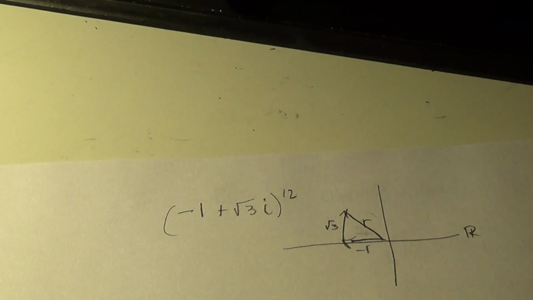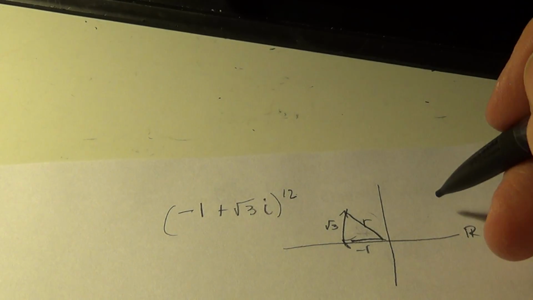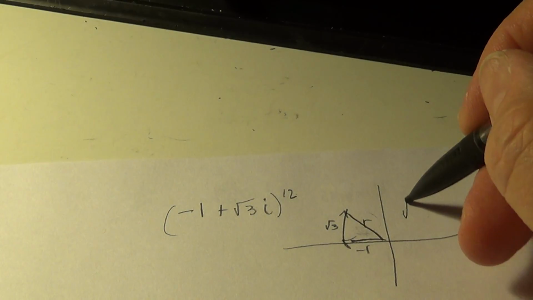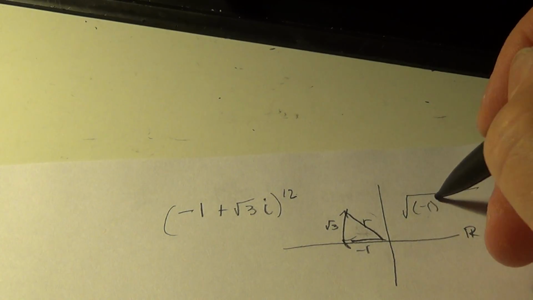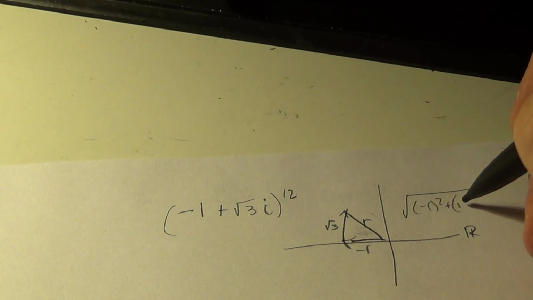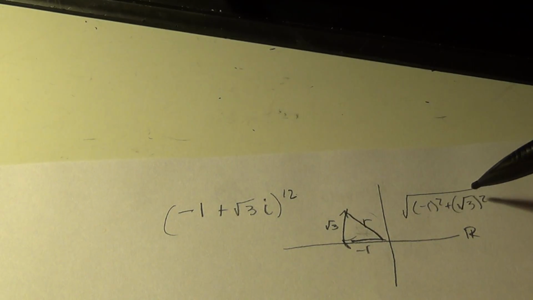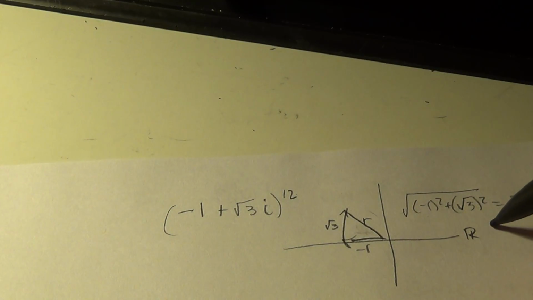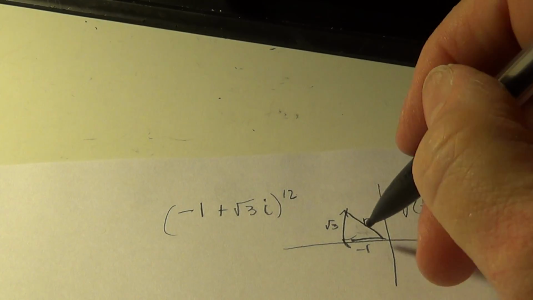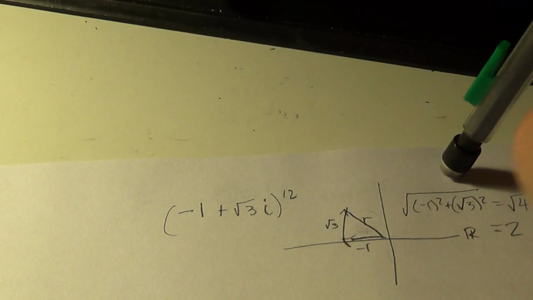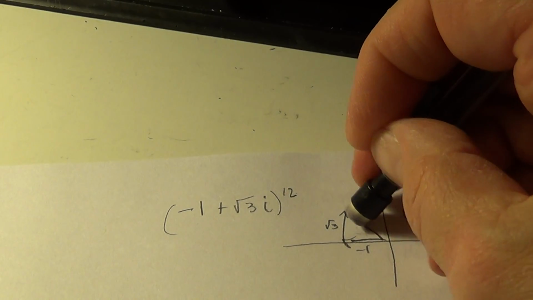We call it r, and we get it with Pythag. So we do -1 squared plus square root of 3 squared, which gives us 1 plus 3, or square root of 4, which gives us 2. So this value, r here, is a 2.